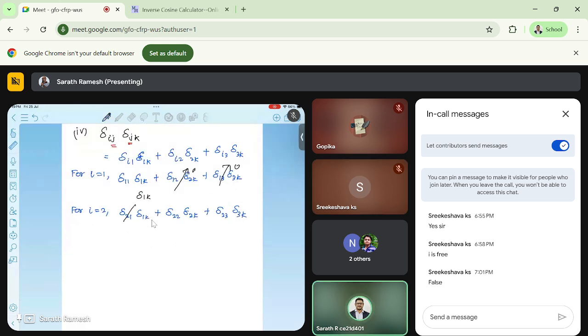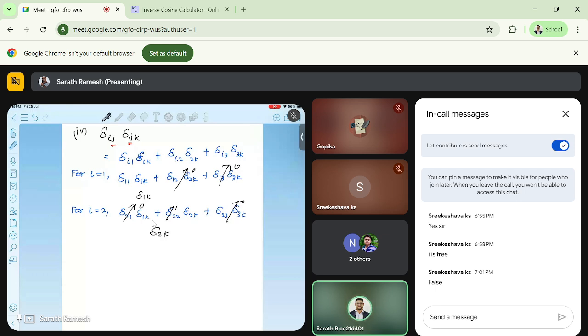Delta 22 is 1, so it will become delta 2k. Similarly, for i equal to 3, it will become delta 3k. Now I can simply write it as delta ik, correct? So the answer to delta ij delta jk is simply delta ik.